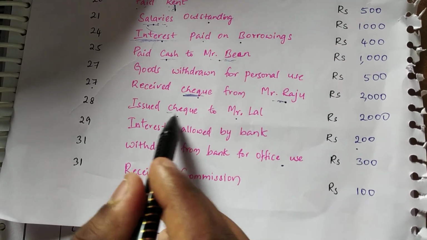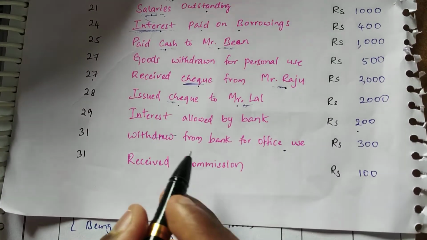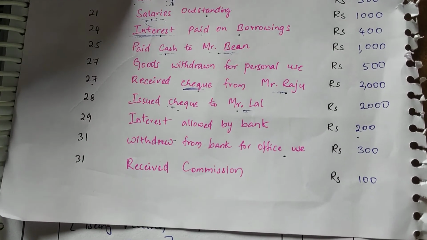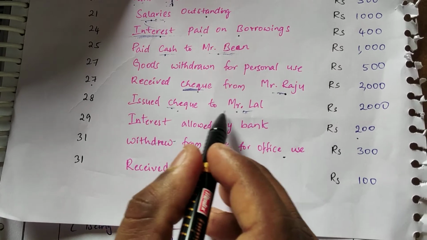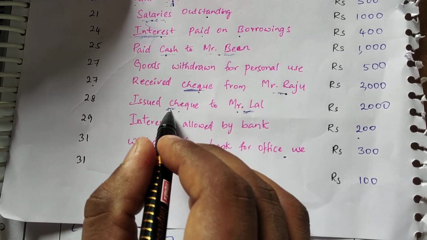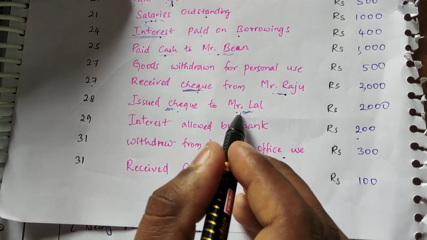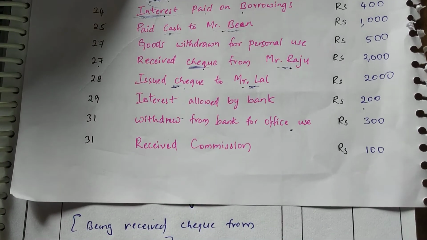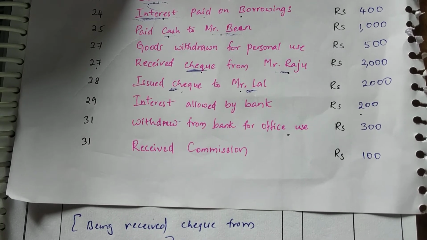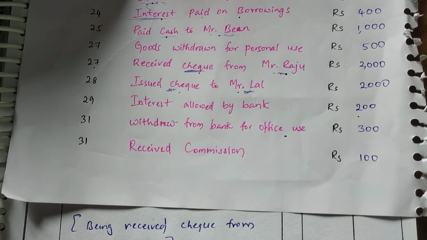So we have identified two items. One is the bank and another one is Mr. Lal. Since both are personal accounts, we have to debit the receiver and credit the giver. We are issuing a check to Mr. Lal. Here Mr. Lal is the receiver and our bank is the giver. So what is the journal entry?